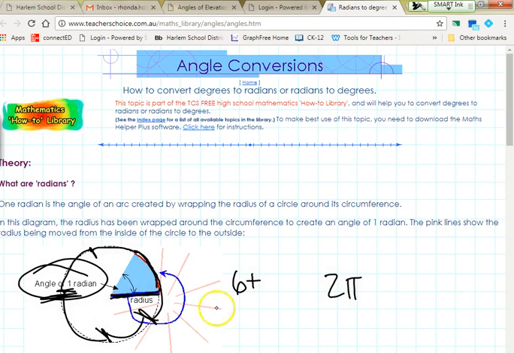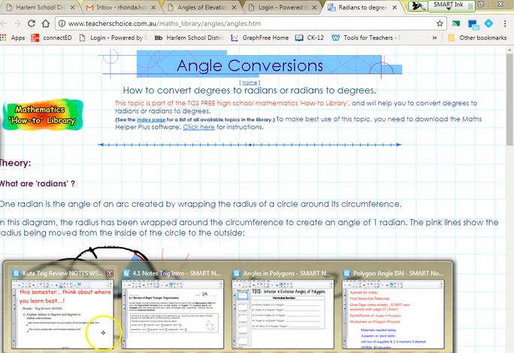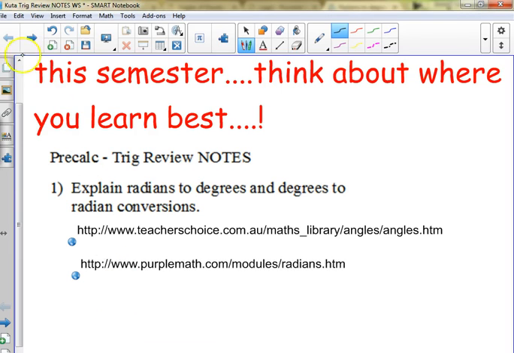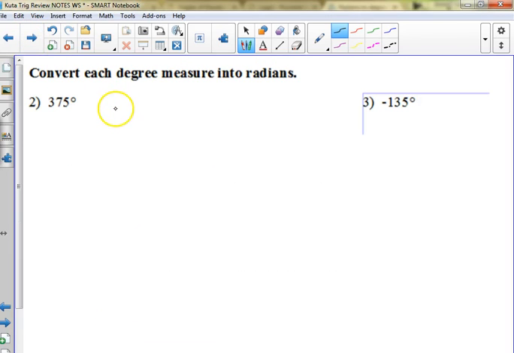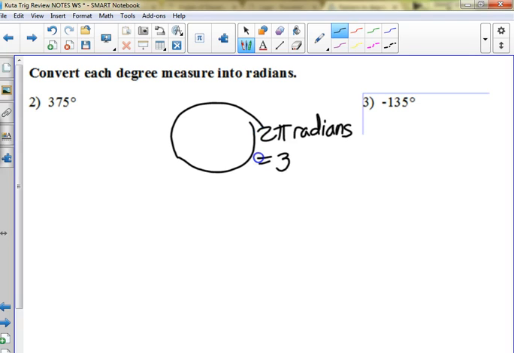All right. So going back to here, yeah, I think we get the idea. All right, so we need to convert. If all the way around is 2 pi radians, that's equal to 360 degrees, right?